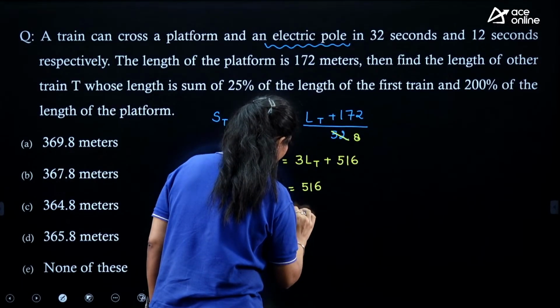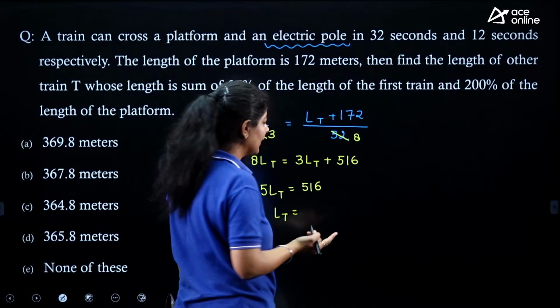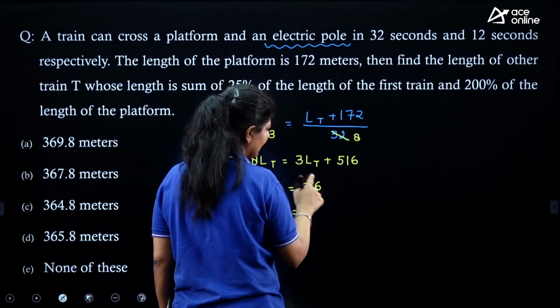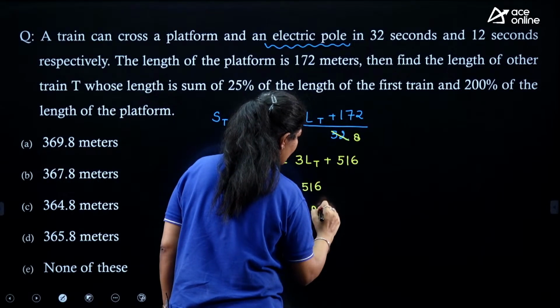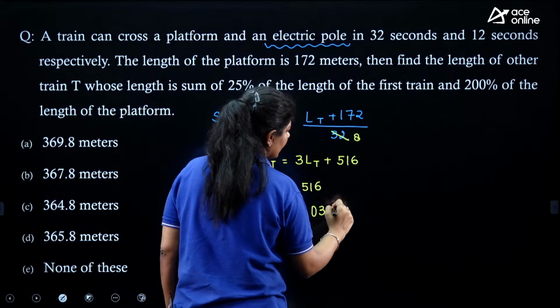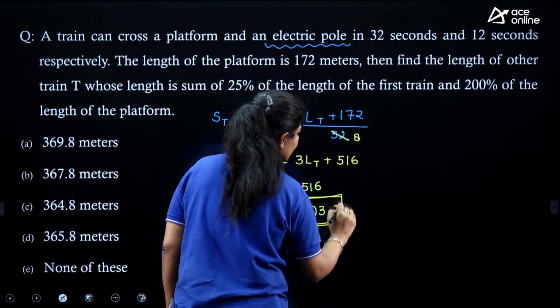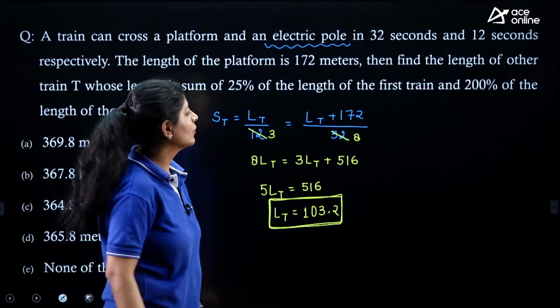So the value of the length of the train that we are getting over here is 103.2. This is the length of the train that we got over here.